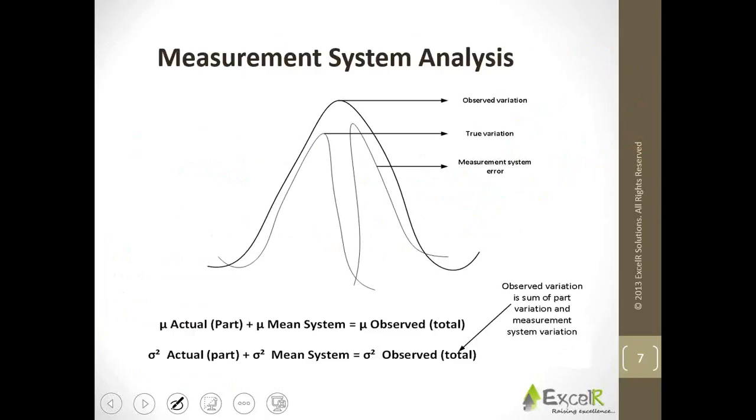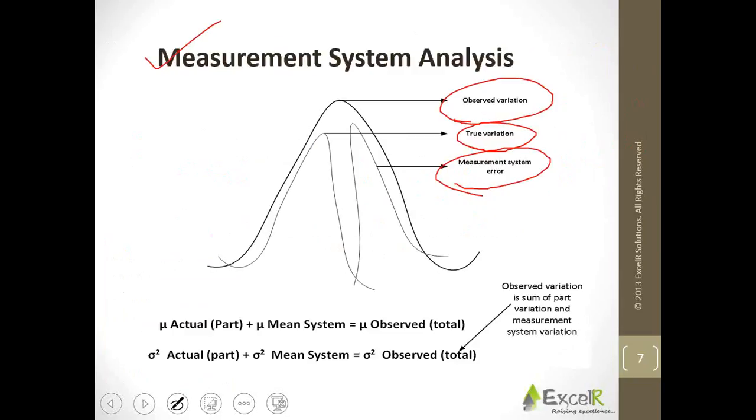Yeah, this is what we have just discussed, measurement system. You will have the observed value, that is the value that you are observing and making a note of. But this value is dependent on true variation and the measurement system error. So there will be some variation. If I'm asking you to measure my height 10 times, all 10 times you cannot be correct.